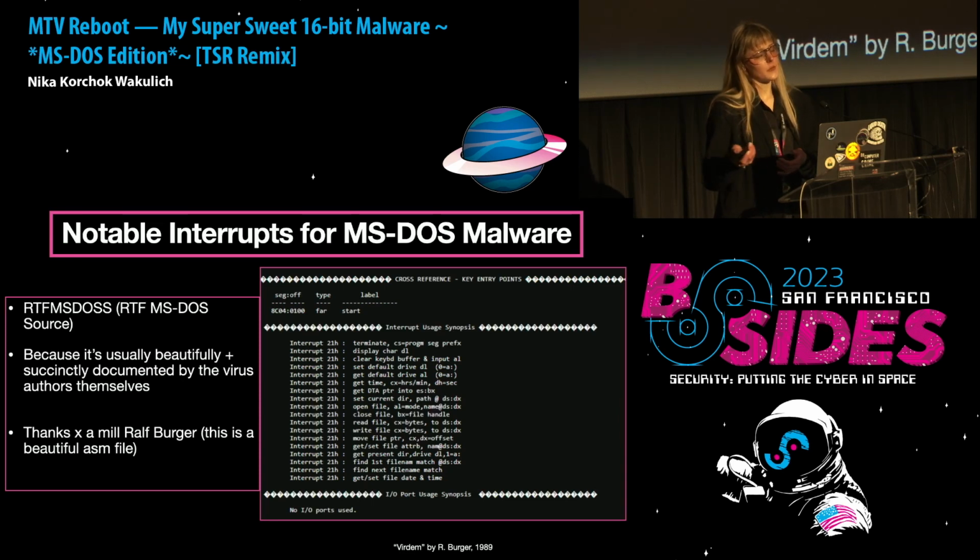But an alternate and really excellent resource, I refer to it here by the really terribly long acronym RTFMS-DOS-S, which is read the MS-DOS source, because it's often very beautifully and succinctly documented by the virus authors themselves. This screenshot is from Verdem by Ralph Berger. So thanks a million, Ralph. It's a beautiful ASM file.